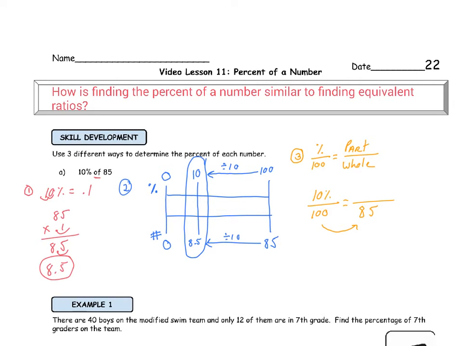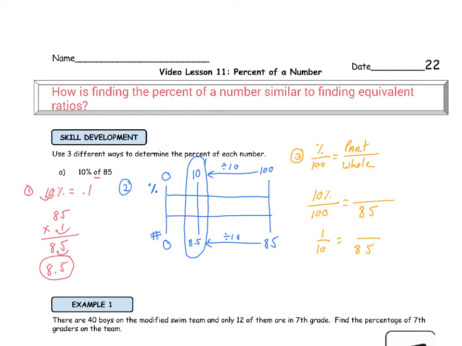So again, what we have to do and what we've been doing in the past is break down a fraction so that we can build it back up. So 10 over 100, 10%, is also 1 over 10. So they reduce. So 1/10 is equal to something over 85.